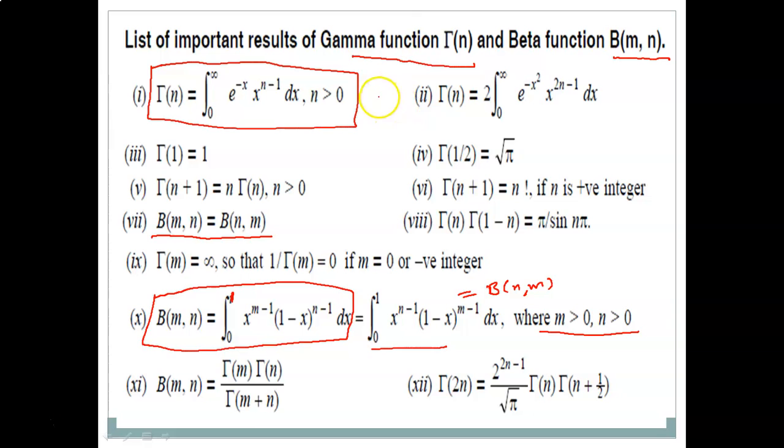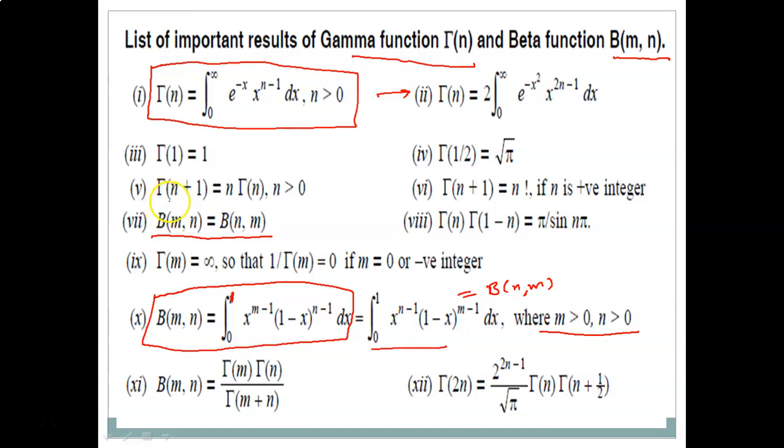So it is directly derivable from the first definition. And we can also prove that gamma of 1 is 1. We have already discussed this concept in the lecture. And we can also derive gamma of 1 by 2 equal to under root of pi. So you can remember these standard results.